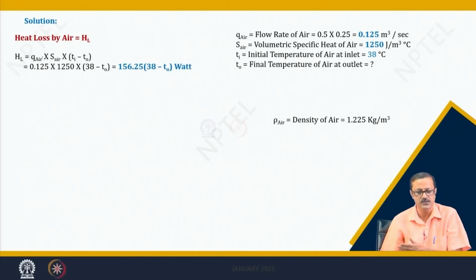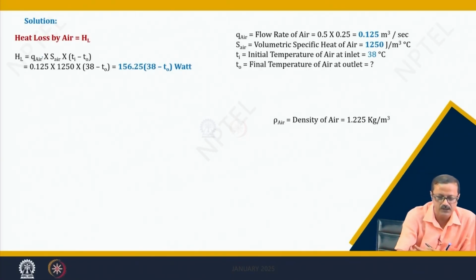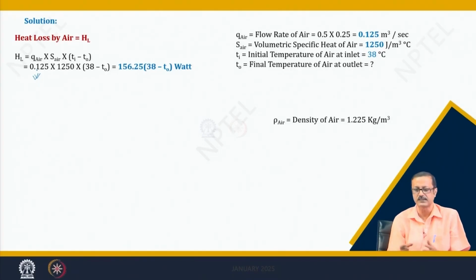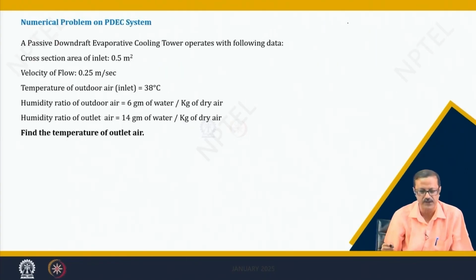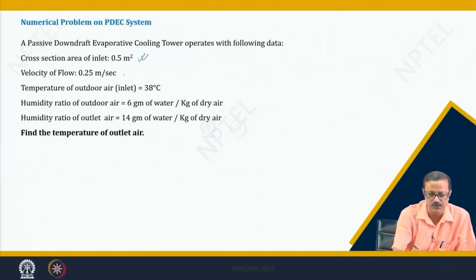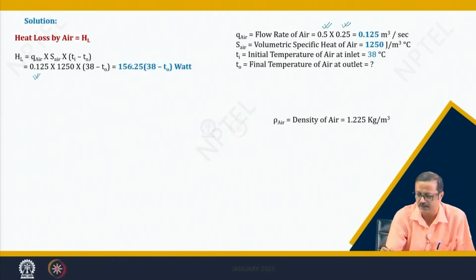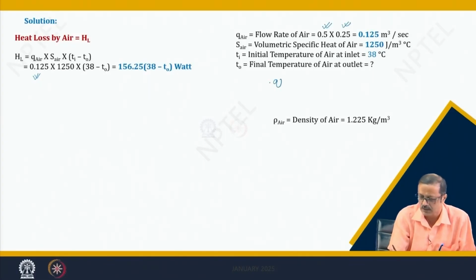So, I have used this equation. I know that this is the rate of the air flow, obtained by multiplying the velocity and the cross section area. Cross section area is 0.5 meter square and velocity is 0.25 meter per second. So, again let me write down, Q of air is nothing but your area multiplied by the velocity, right.